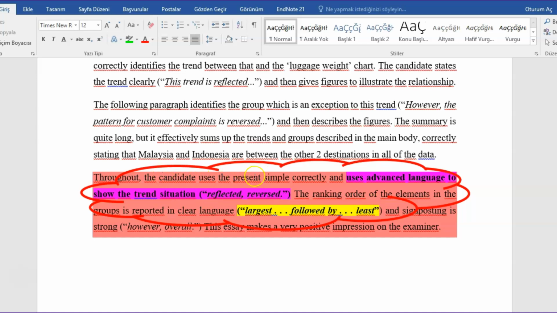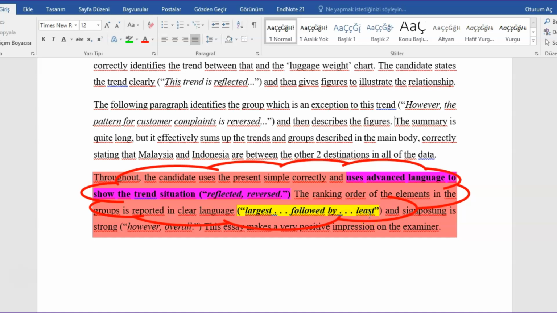The candidate uses present simple correctly because there is no sign of past or future. That's why we are using present simple tense, and uses advanced language to show the trend, such as reflected and reversed, and opposite for showing the opposite side. Also using the largest, the least, the lightest, the heaviest, followed by.